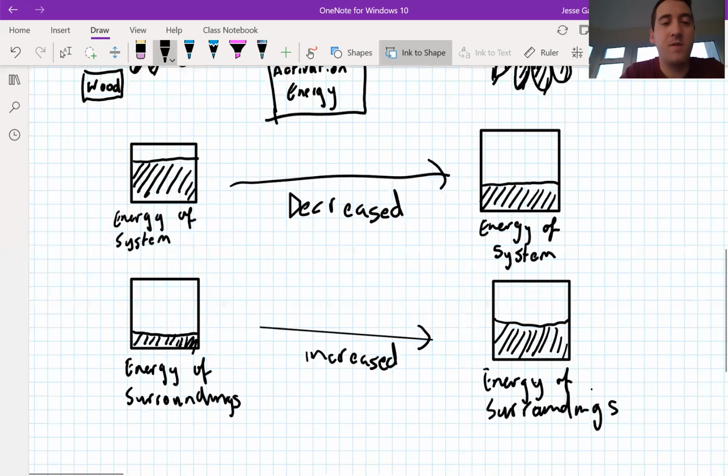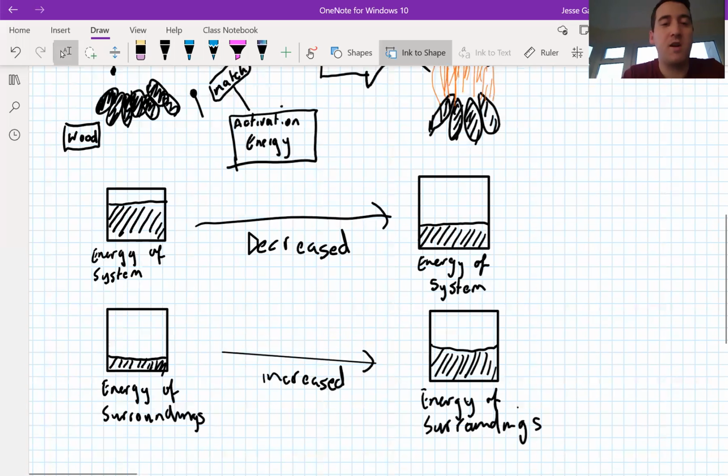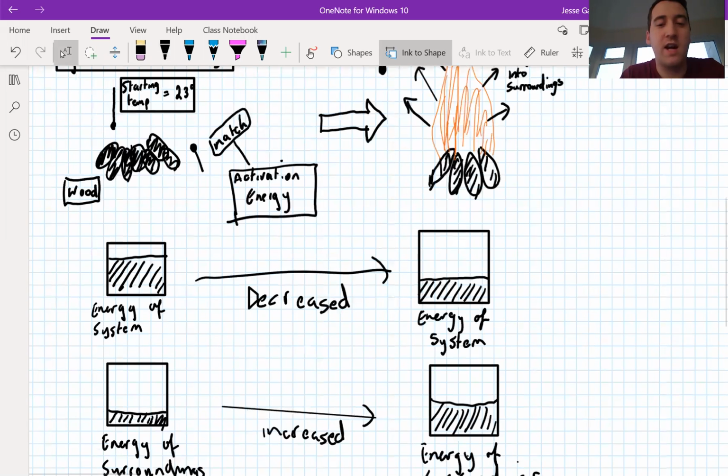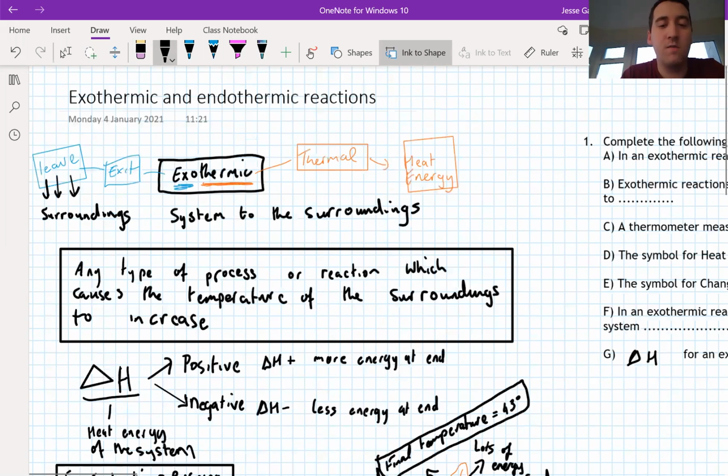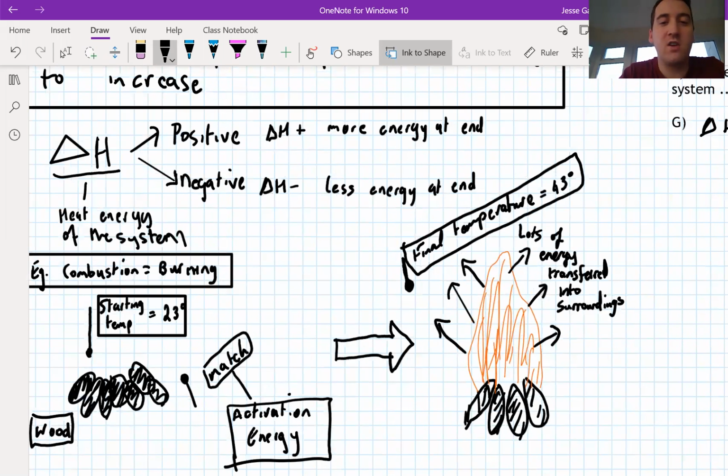The system decreased in energy for an exothermic process because the energy was released to the environment or to the surroundings. So the system's energy actually decreased from the start to the finish. So if delta H is negative, that means there's less energy left in the system at the end.